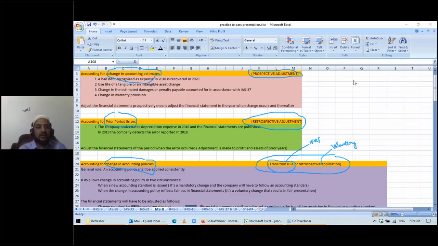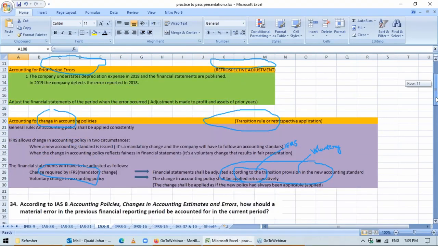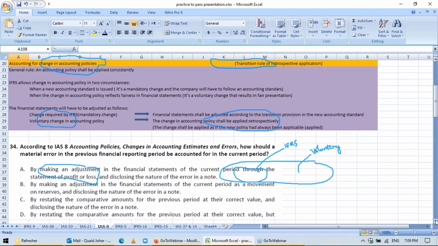So let's start with the questions on IAS 8 now. Please read the first question now, students. This is question number 34 on IAS 8.